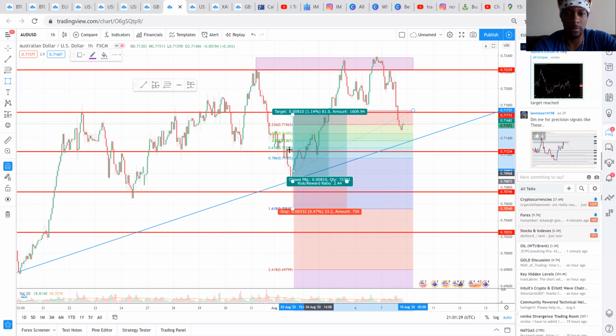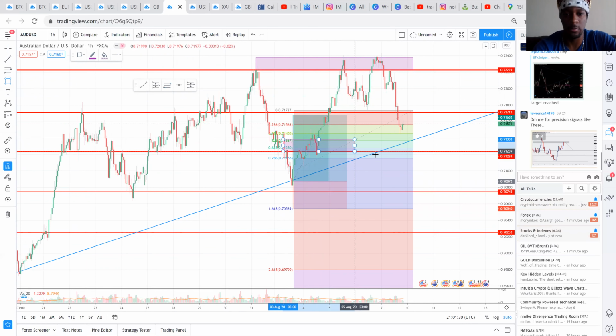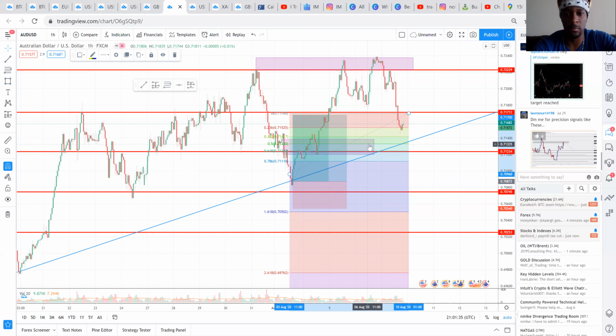Let me draw it right here. So you can buy off this area if you're using retracements, because you already know it's an uptrend, and you could target the retracement when it hits this area to get in for a buy.